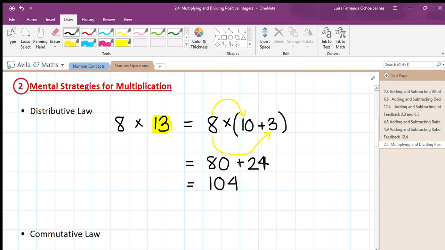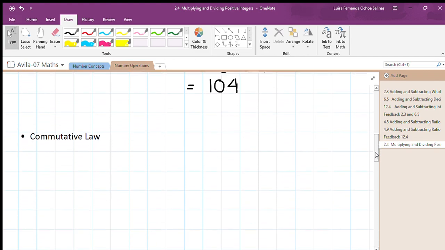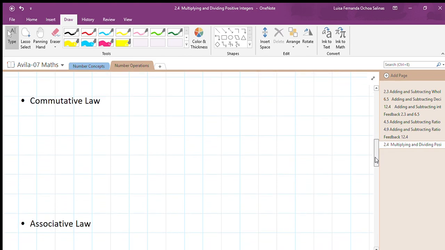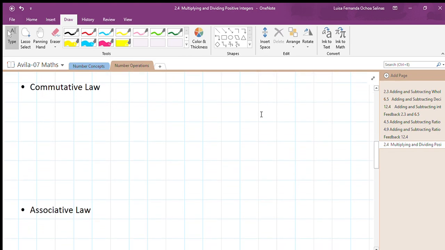Okay, let's talk about another strategy that you can use. Commutative law. So multiplication is distributive. It's also commutative. So what does commutative mean? We already talked about this when we were talking about addition. It means that I can change the order.